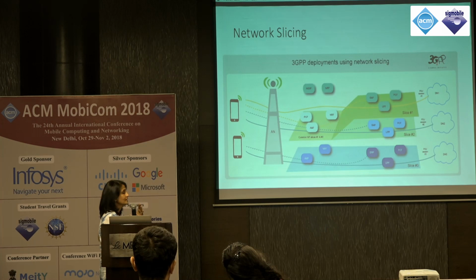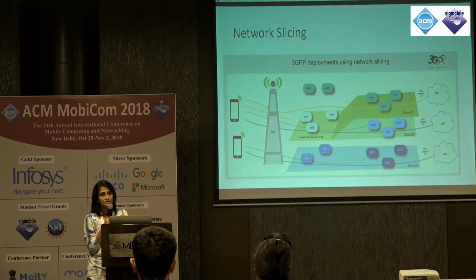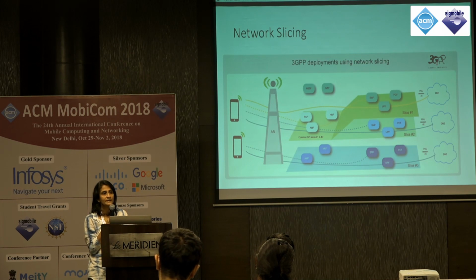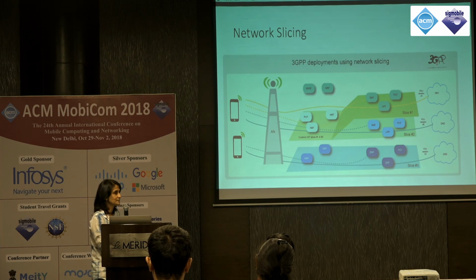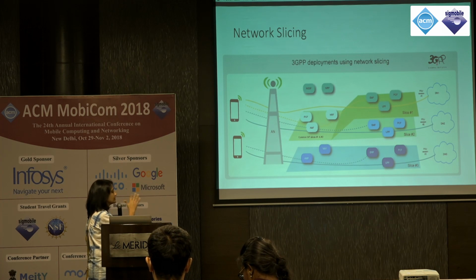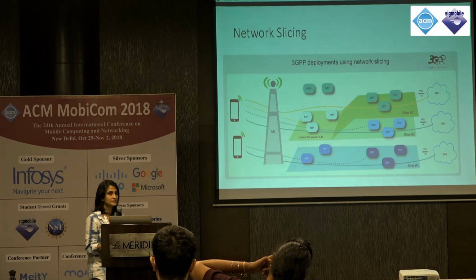The other thing is the verticals that people are beginning to look at as applications is what is going to drive network slicing a lot more. So if you're deploying an industrial IoT system, the slicing that you do for that application is going to be, for example, very different from what you would do for a video gaming application. And the 5G cellular network will enable you to tailor the way you slice to your application a lot better.